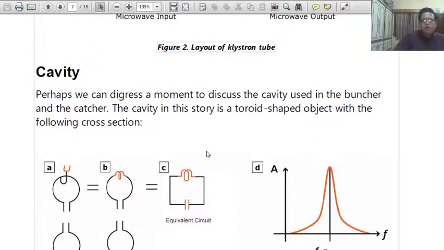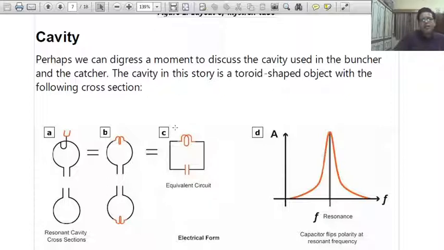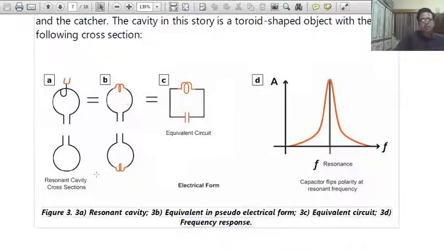What is a cavity? Perhaps we can digress a moment to discuss the cavity used in the buncher and the klystron. The cavity in this story is a toroid shaped object with the following cross section. A resonant cavity cross section is like that.